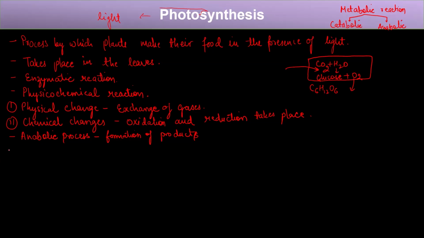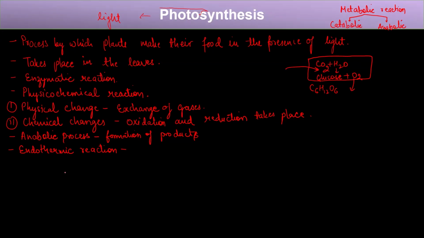Okay. Now, what kind of reaction occurs when this glucose formation takes place? So the type of reaction is endothermic reaction. Now, what is endothermic reaction? So, endothermic reaction means that here the energy gets consumed, right?